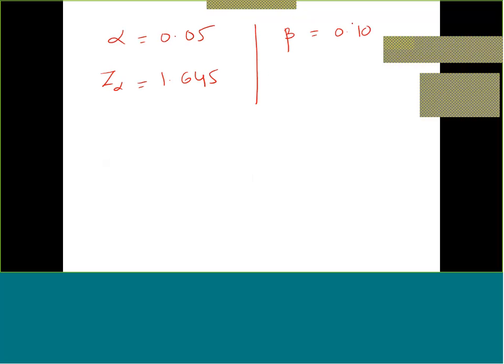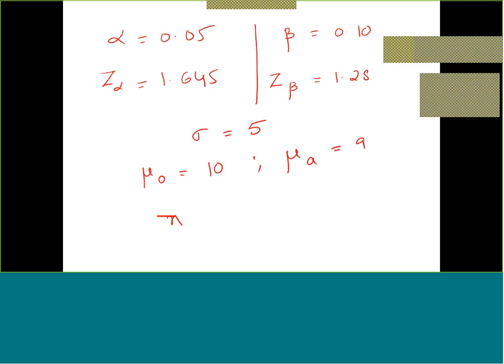Calculate Z beta as 1.28. And also you have sigma. Sigma is 5. And also you have mu naught. Under null hypothesis, mu naught is 10. When we calculate beta under alternative hypothesis, you will be given a particular mu, that is 9.